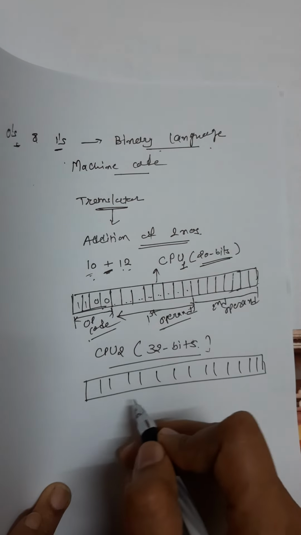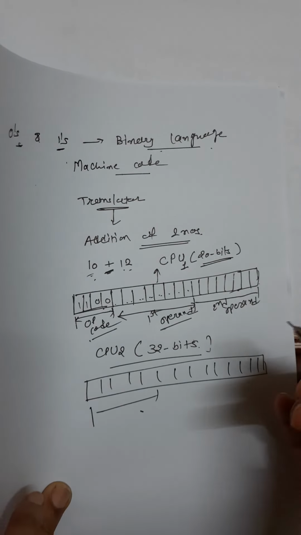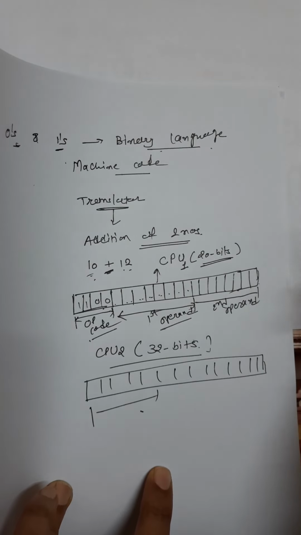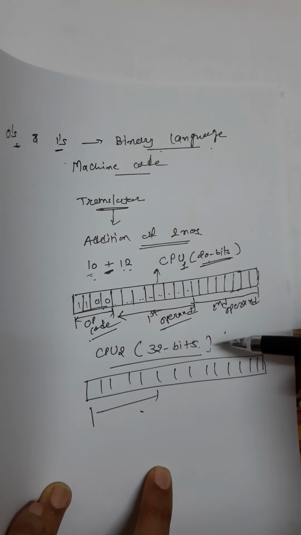So there might be 8 bits for the opcode, let us say 12 bits for the first operand and another 12 bits for the second operand, which is different from the first CPU.